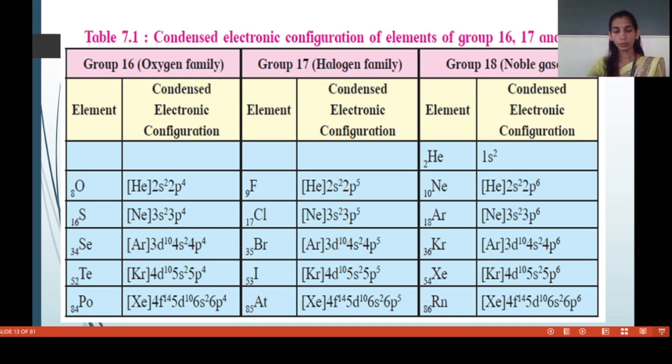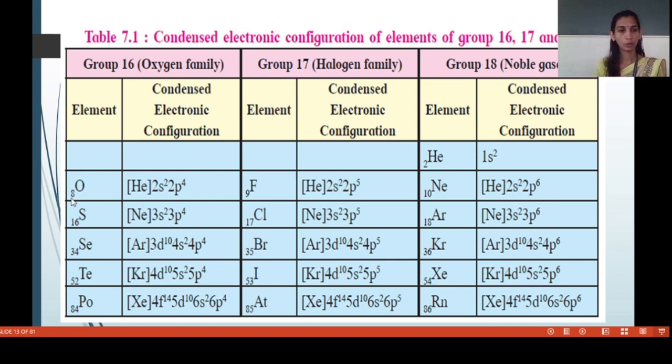The condensed electronic configuration of group number 16, that means our oxygen family. Oxygen has atomic number 8. The condensed electronic configuration is considered for the group number 18 elements because they are completely filled, non-reactive elements.